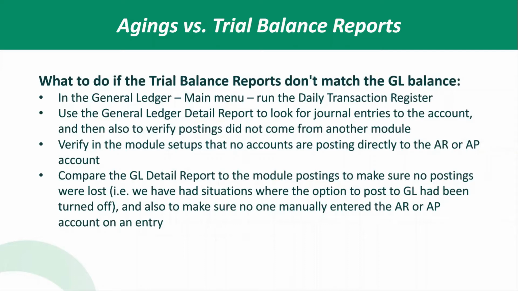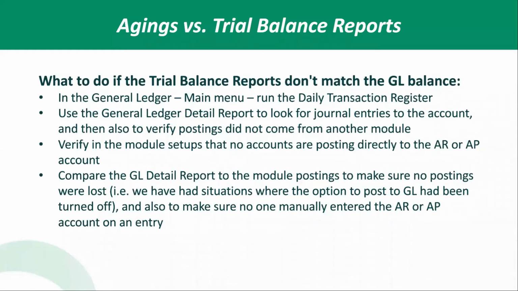Because it posted that discount to the AP account, it caused the trial balance report to not match the AP. We were able to just do a journal entry and get that fixed. But that's why we go through and look at the module setups, to make sure something's not been set.